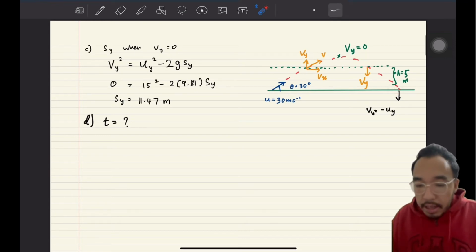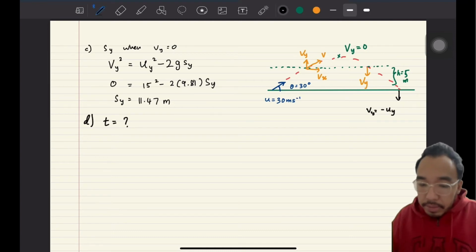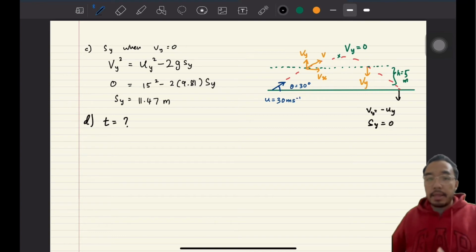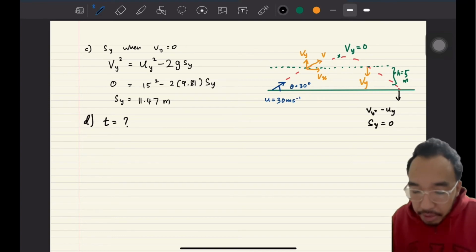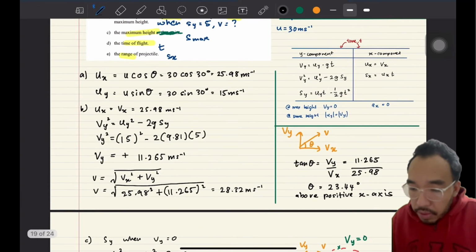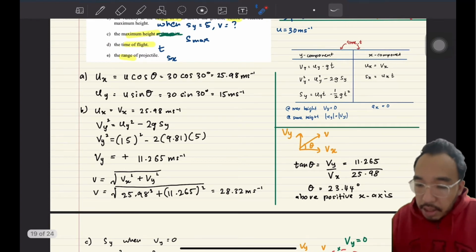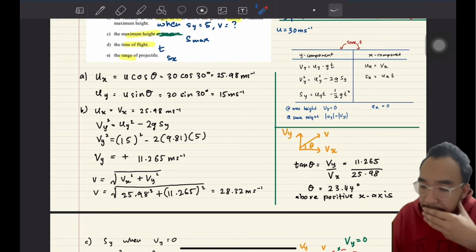Another one is your Sy, which equals 0 because it is at the same height. So which formula do you want to use? You can refer back to this equation over here. You don't have the time yet, and you want to find the time, so you need to use an equation that has the time. You can cancel out this one.